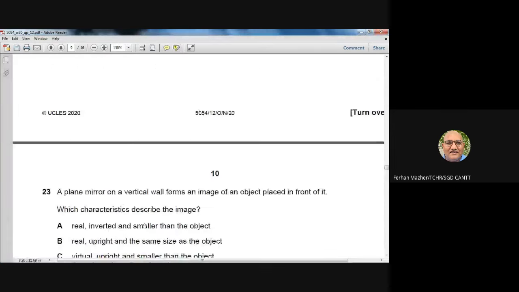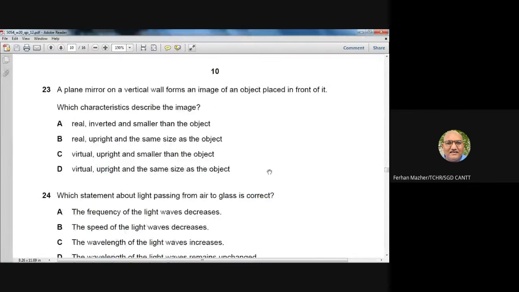Okay, next question. A plane mirror on a vertical wall forms an image of an object placed in front of it. Which characteristic describes the image? The image which is formed in the plane mirror is virtual. The image is upright, or you say erect.